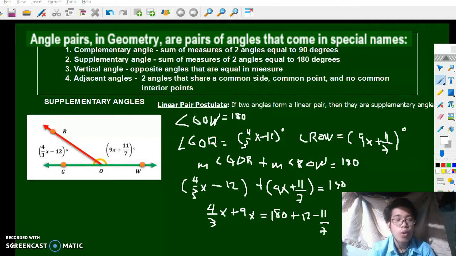We can solve now for the value of 4/3 plus 9, so that's simply 31 over 3 x. 31 over 3 x is equal to 180 plus 12 minus 11 over 7.